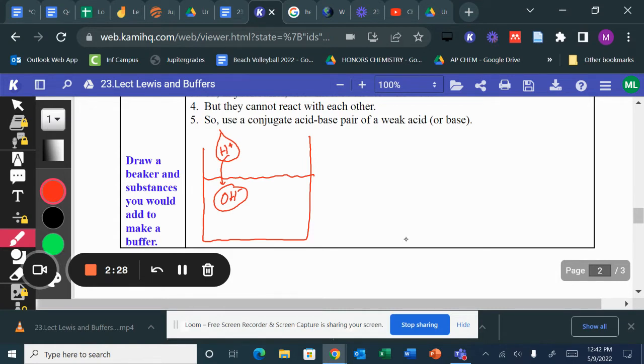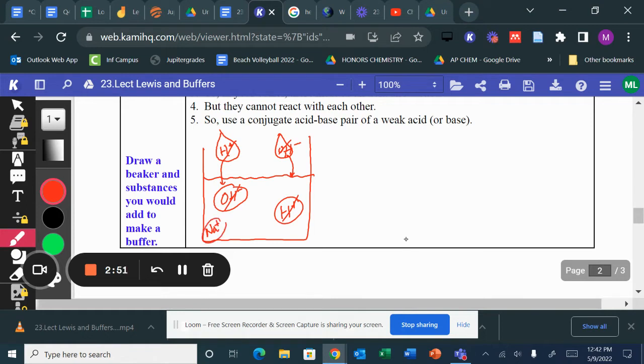Well, what if you add some OH-? You have to have something in the beaker that will react with that. Why don't we put some H+? So when you add the OH-, the H+ reacts with it and it goes away. So this cancels with this, and you have a neutral solution. To put OH- in your beaker, you would put it in the form of NaOH.